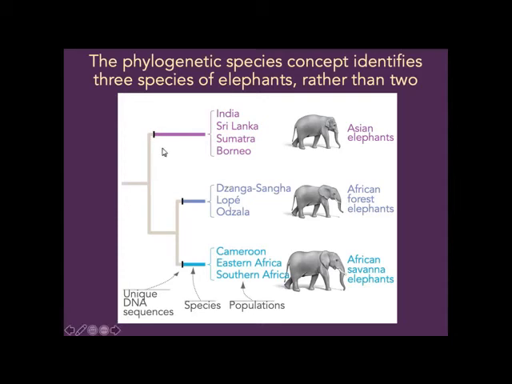If you look at lineages of elephants, there's actually 3 different lineages. One gives rise to the Asian elephants, and then 2 other lineages give rise to the African forest elephants and the African savanna elephants. So we now consider these to be 3 different species based on the DNA sequences.